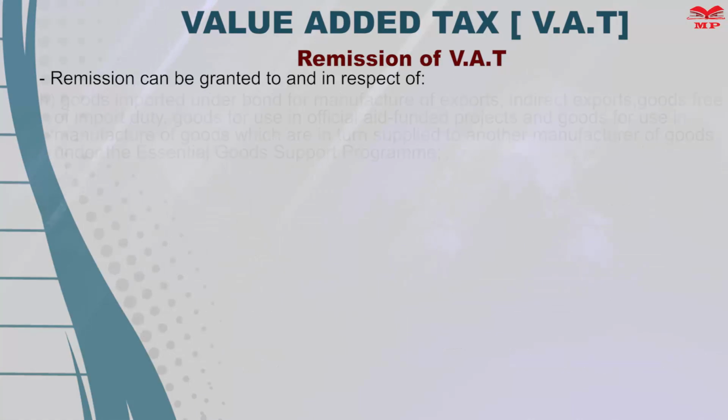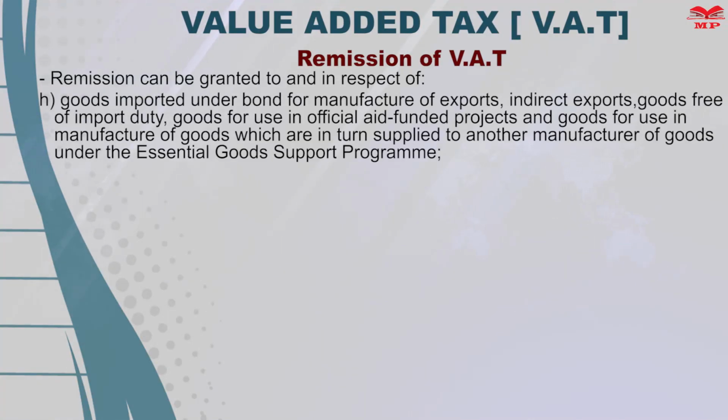Then H, goods imported under bond for manufacture of exports, indirect exports, goods free of import duty, goods for use in official aid-funded projects, or goods for use in manufacture of goods which are in turn supplied to another manufacturer of goods under the Essential Goods Support Program.